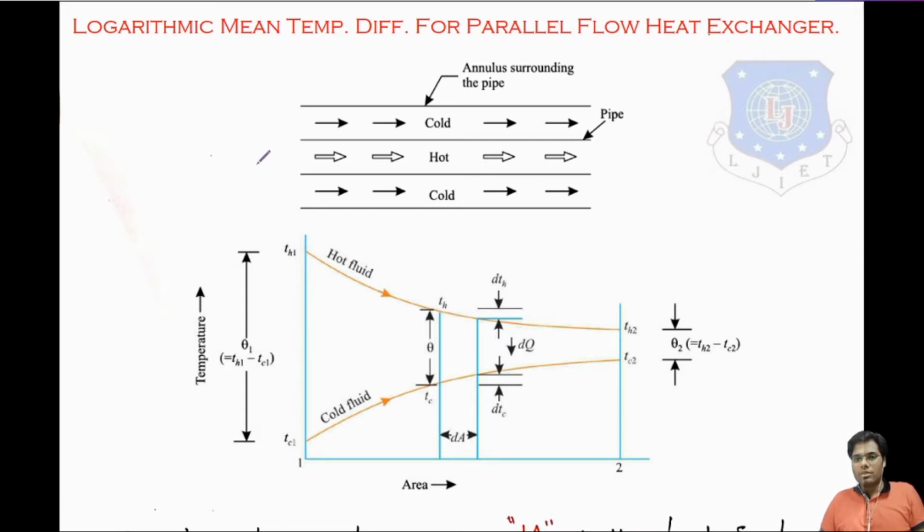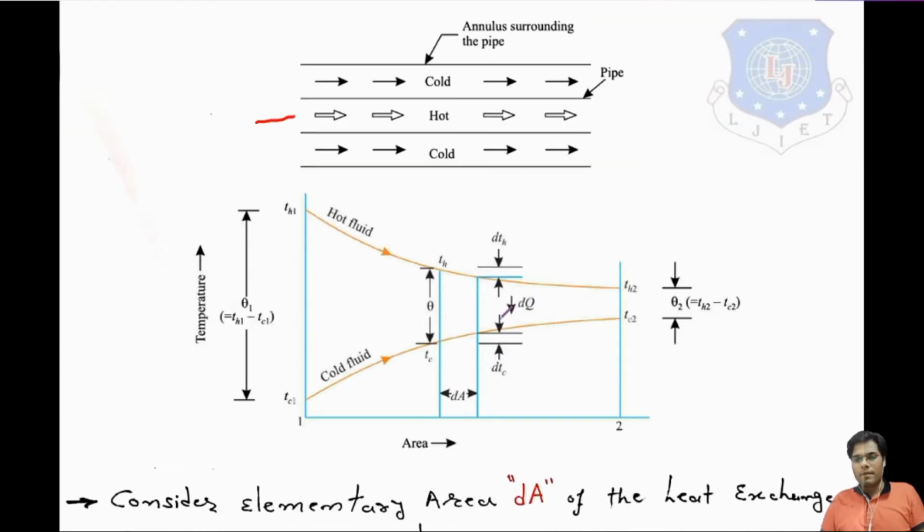According to this flow arrangement, if we draw a temperature versus length or temperature versus area diagram, we can find this is the inlet temperature of hot fluid. Let's take it as TH1. As the hot fluid moves in this direction, it will give heat to the cold fluid, because heat always flows from higher temperature to lower temperature whenever there is a temperature difference.